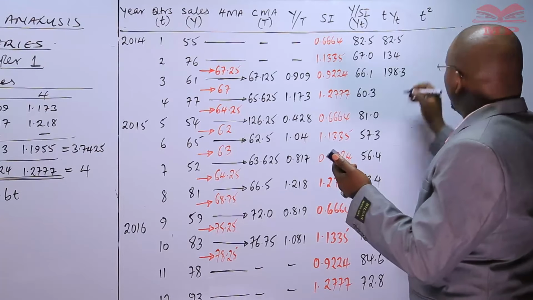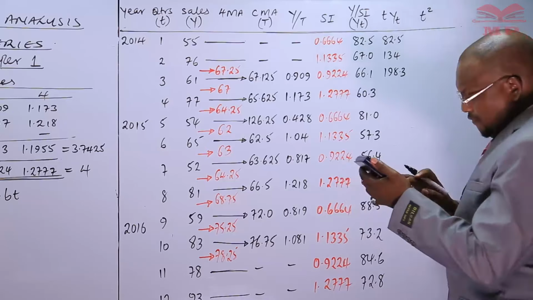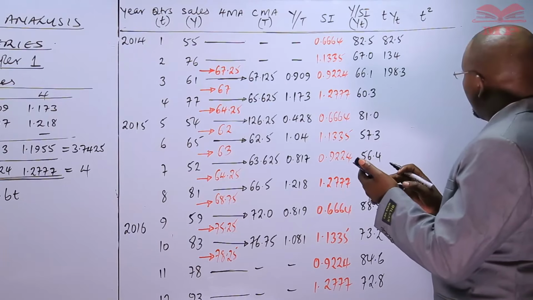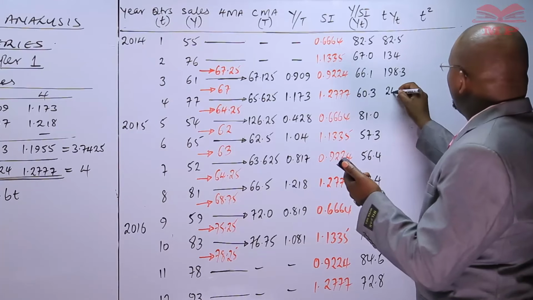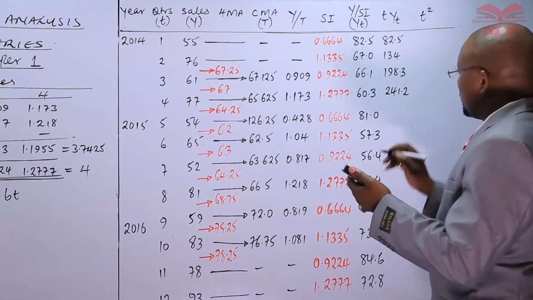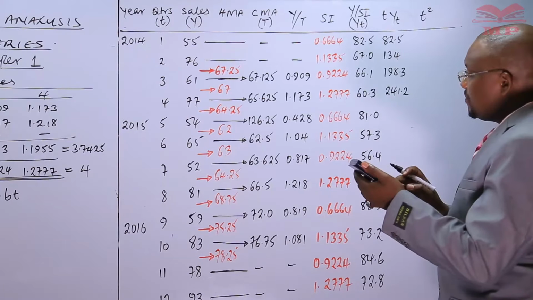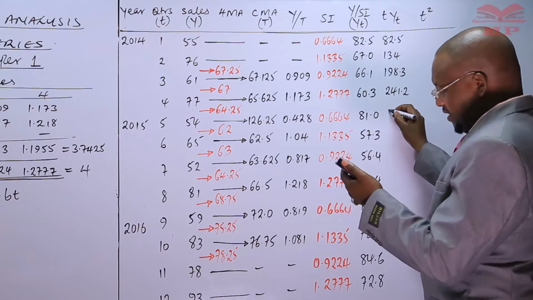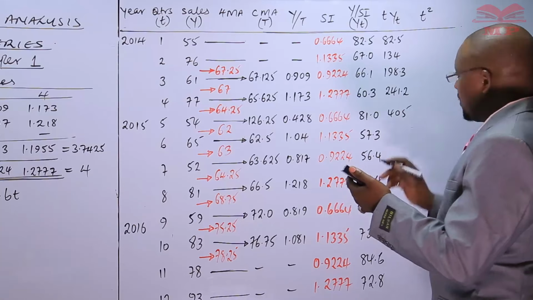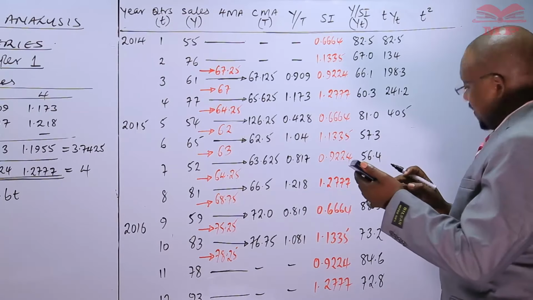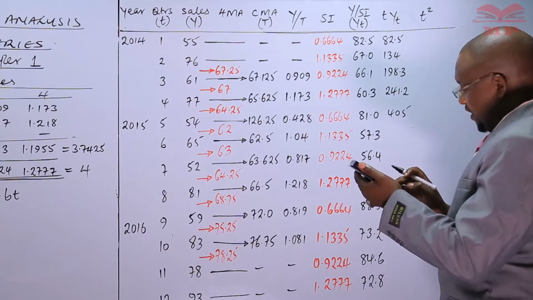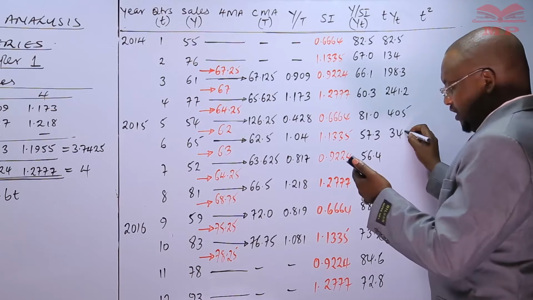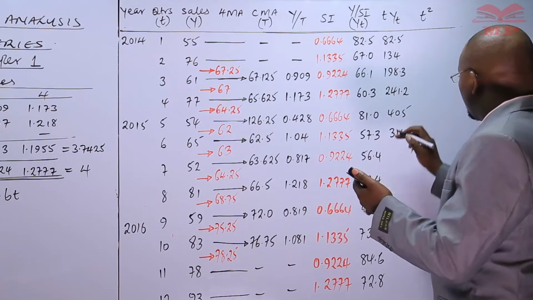We have 4 times 60.3 M plus, this is 241.2. We have 5 times 81 M plus, this is 405. There is 6 times 57.3 M plus, this is 343.8.